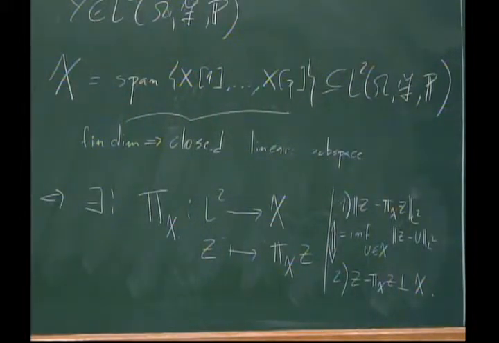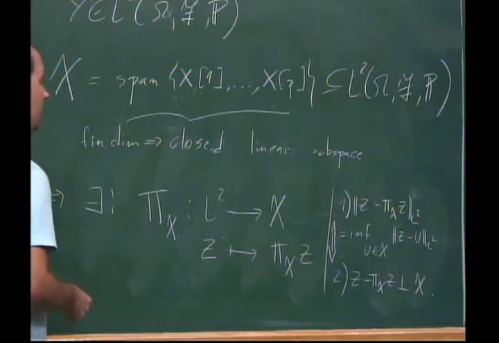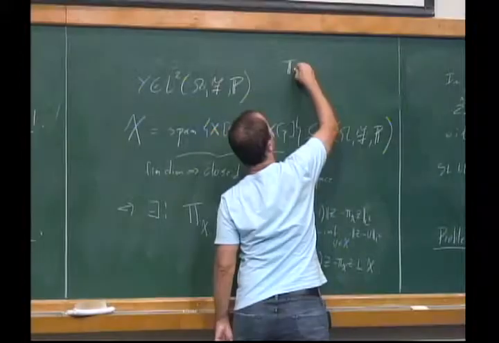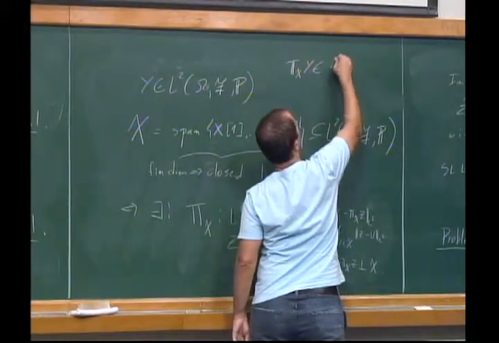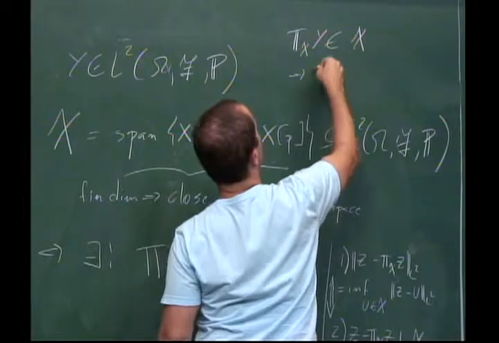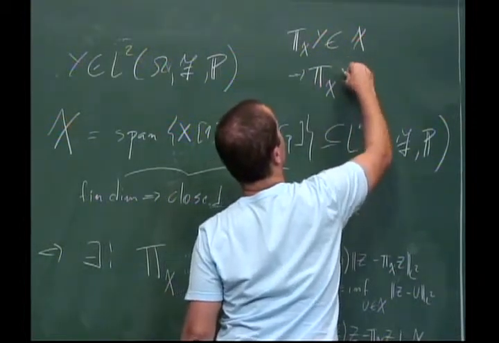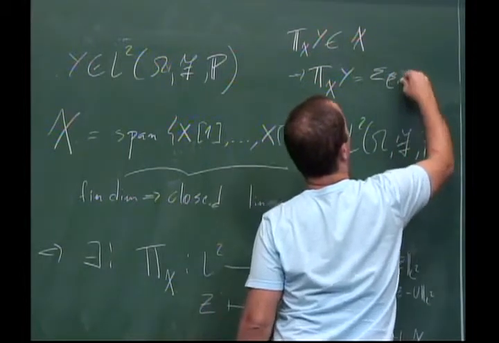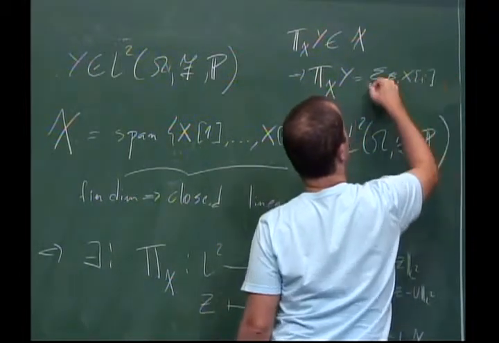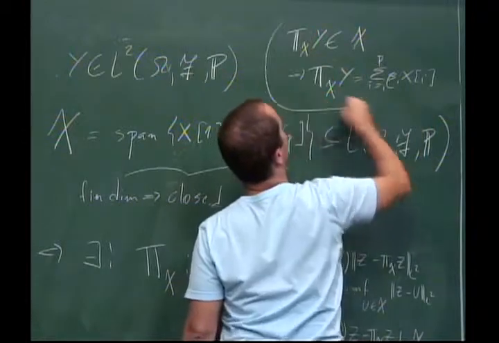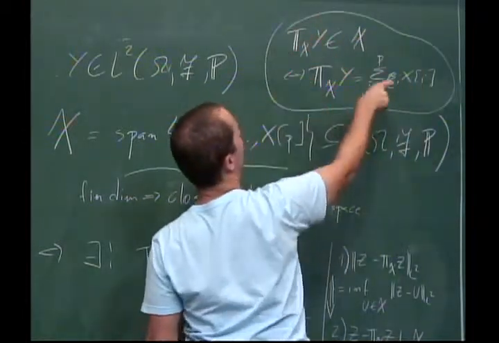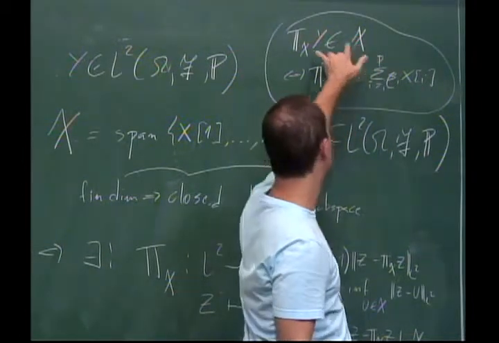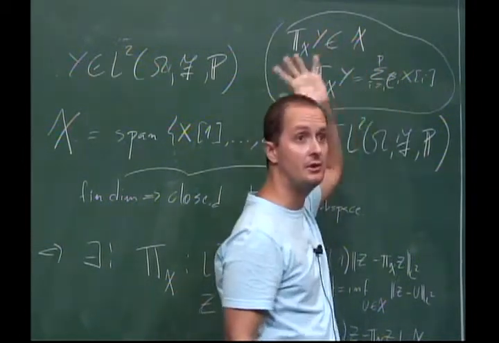But of course, since we know that pi x of y belongs to the subspace X, this means that pi x of y equals a linear combination of the coordinates of X. Well, maybe you can say it both ways, right? If you have something that's a linear combination, it's the projection of somebody. And if you have somebody who is a projection, it's a linear combination.